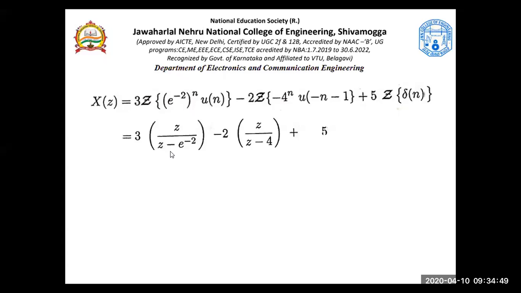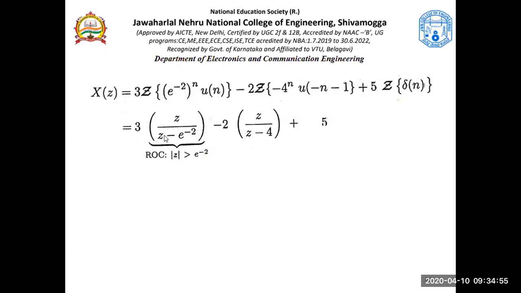So what would be the ROC of this? The ROC is Z greater than e power minus 2, which means the magnitude of Z minus e power minus 2 would be greater than 0. So from that, they have taken this.